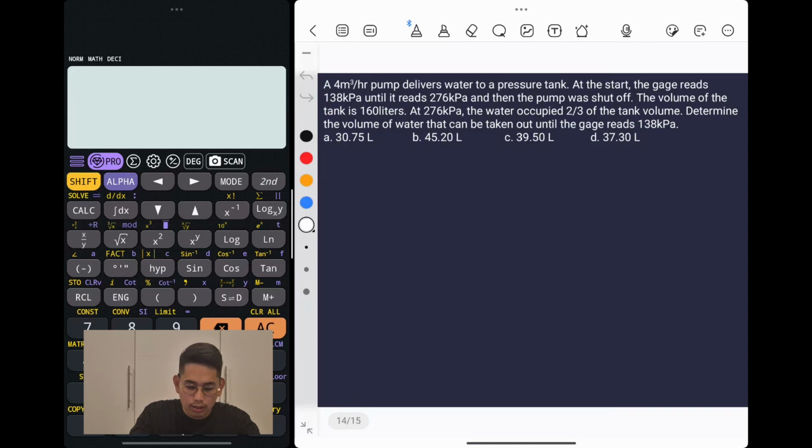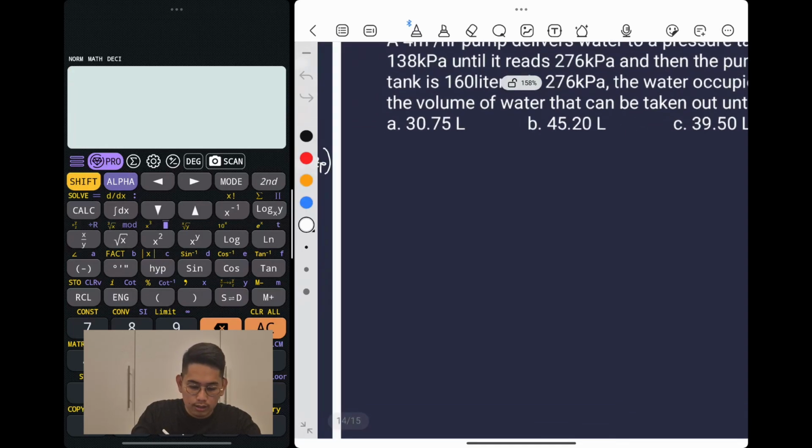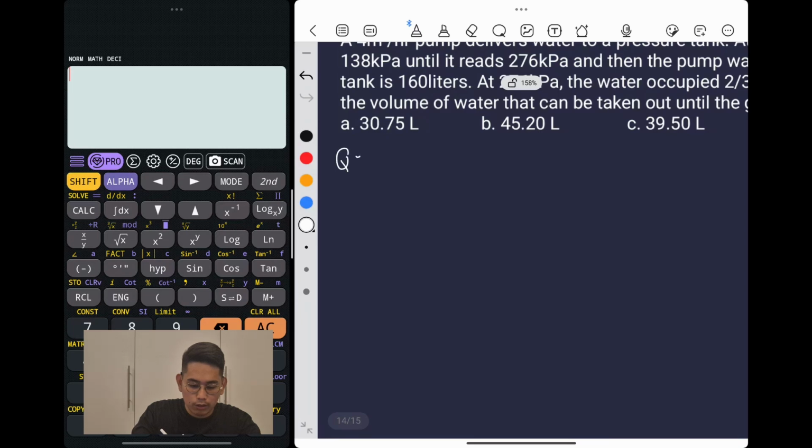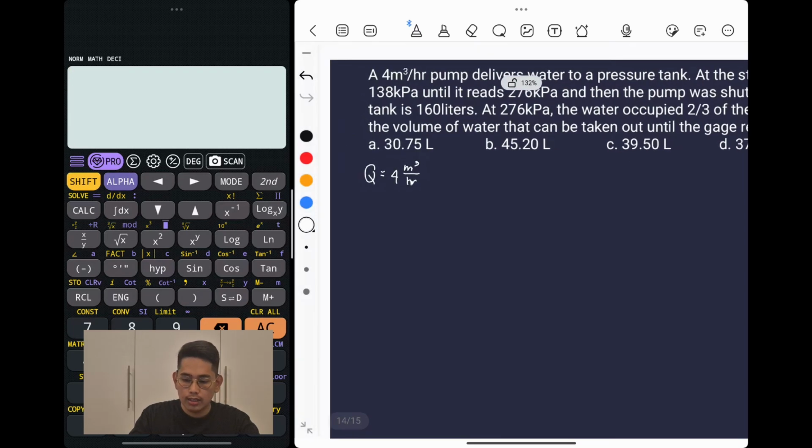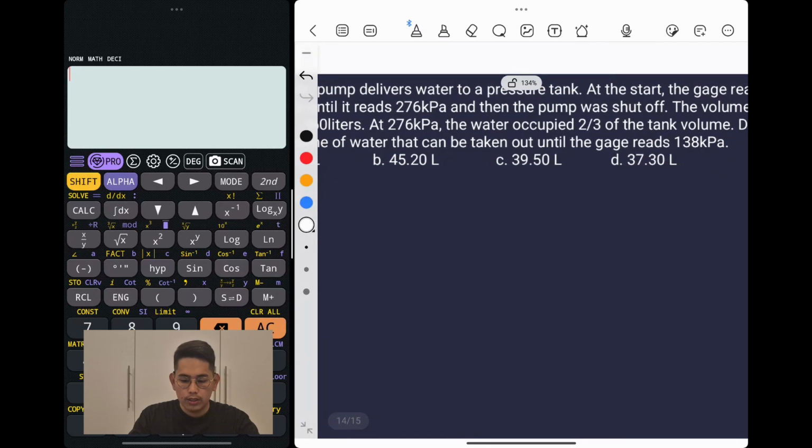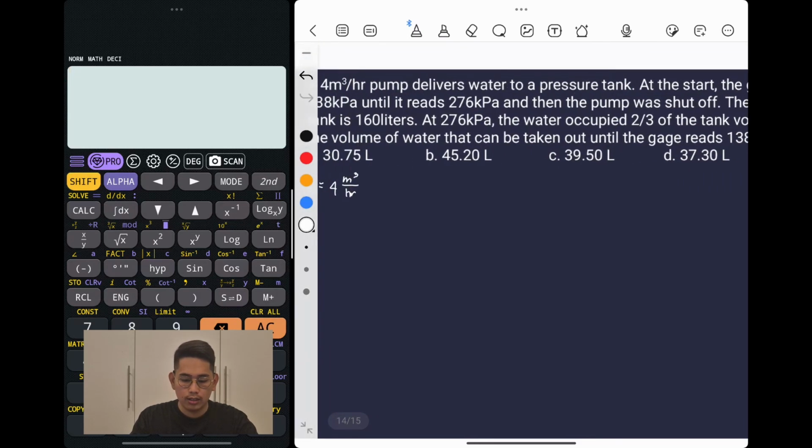Our first given is the 4 cubic meter per hour. It is simply the volume flow rate. Next, it delivers to a pressure tank, and the gauge reads until.